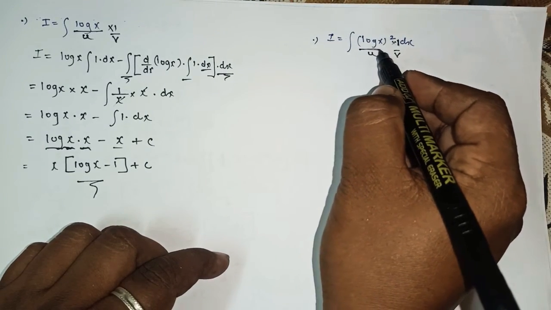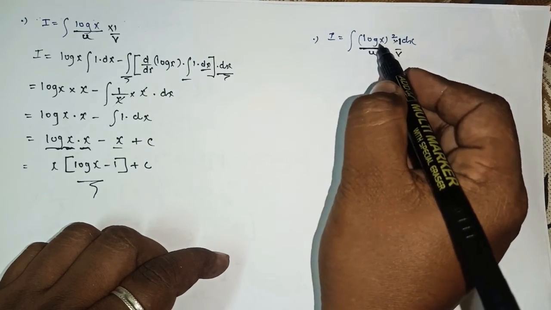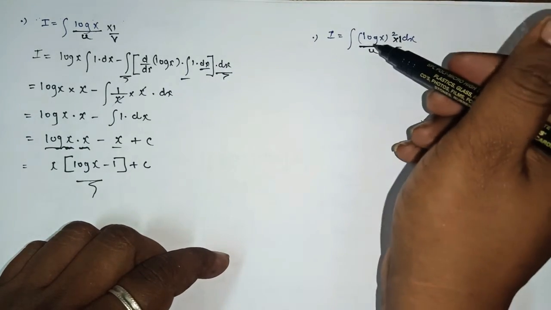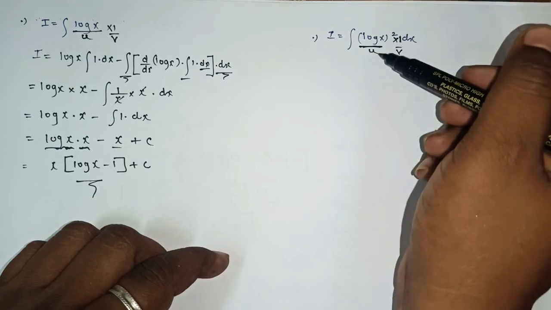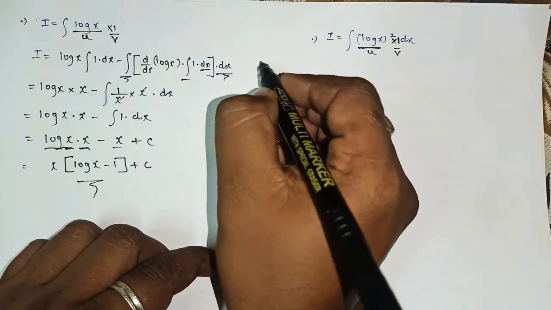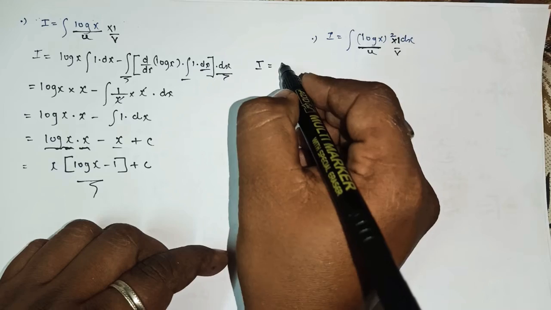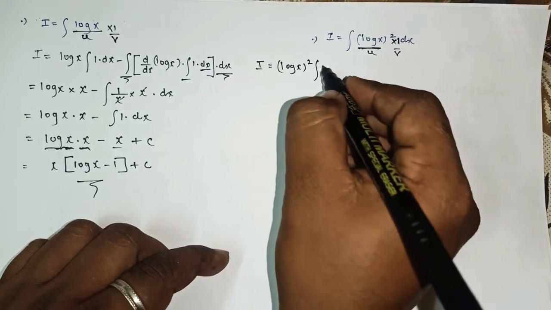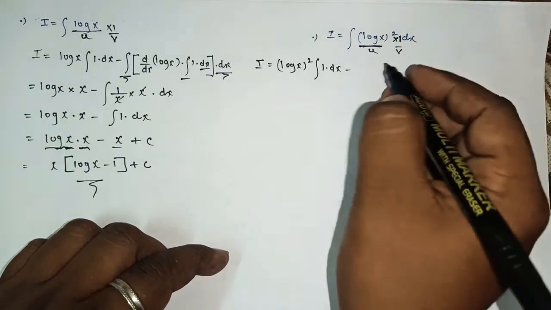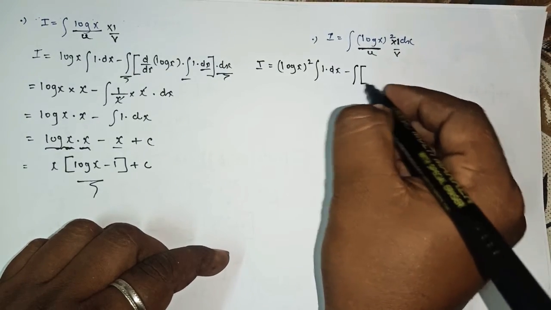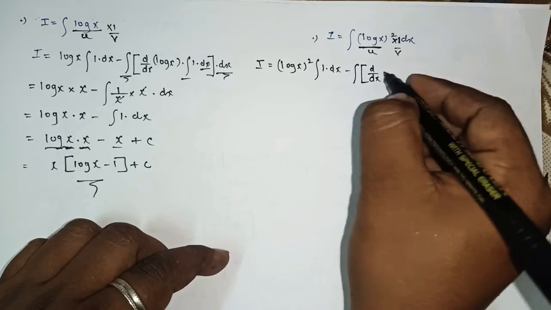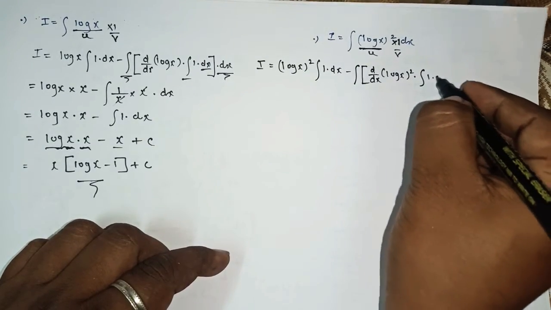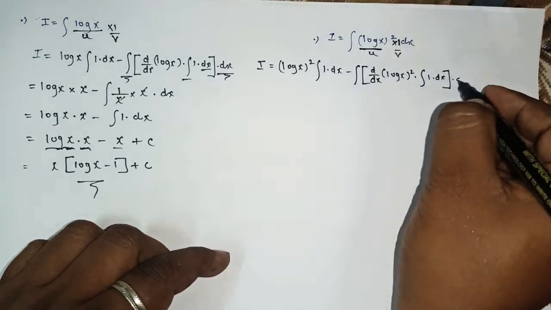Here also we have log x the whole square. Whenever you have an individual term as log, multiply that log by 1, take the log as u and the second part as v. So now I equals log x the whole square integration 1 into dx minus integration derivative of log x the whole square integration of 1 into dx, into dx.